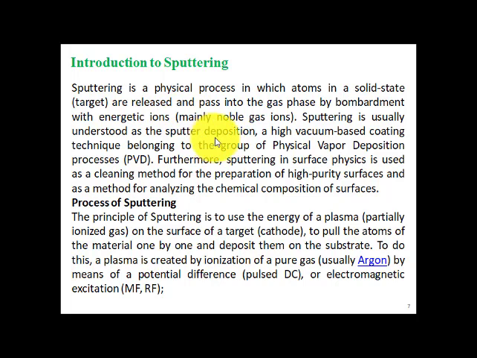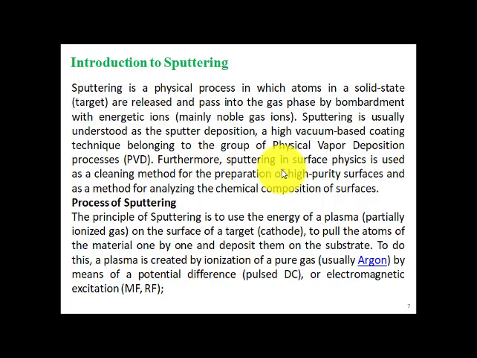Sputter deposition is a high vacuum based coating technique belonging to the group of physical vapor deposition processes. So in sputtering we just release the atoms, and in sputter deposition we deposit those atoms. Actually the sputtering process is used for sputter deposition.